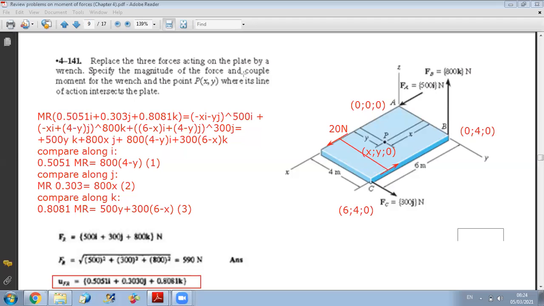Then they will lead to a couple moment, first like this. So how will your vector be? If you do the right hand rule, your vector is along the upward. So this is your couple moment. It's a vertical vector, and its magnitude is 20 times 4, so it's 80 newton meter.